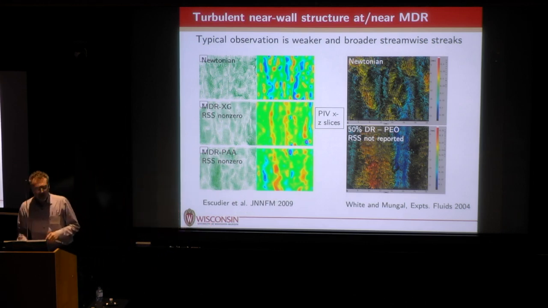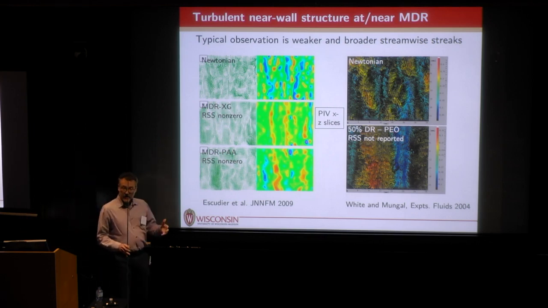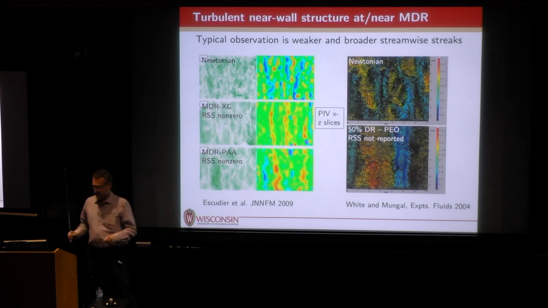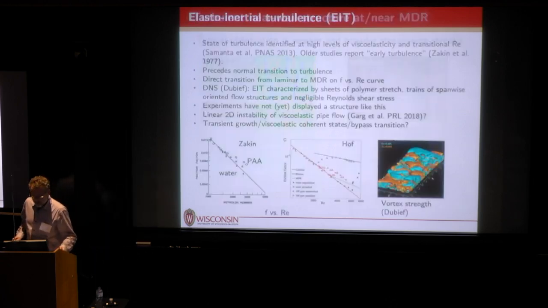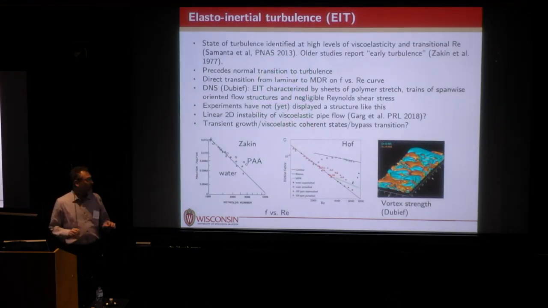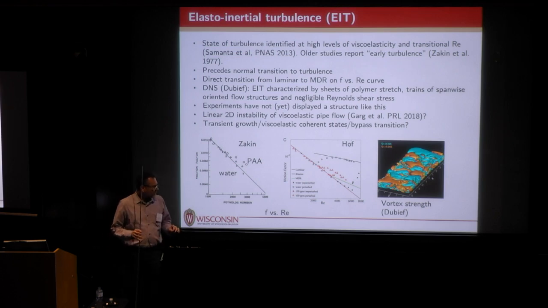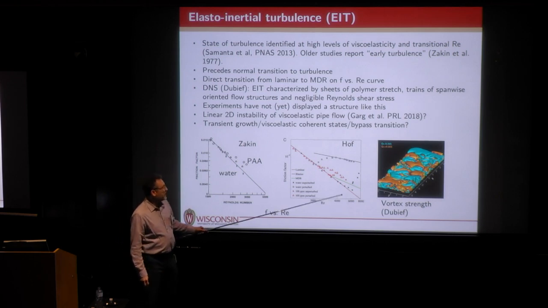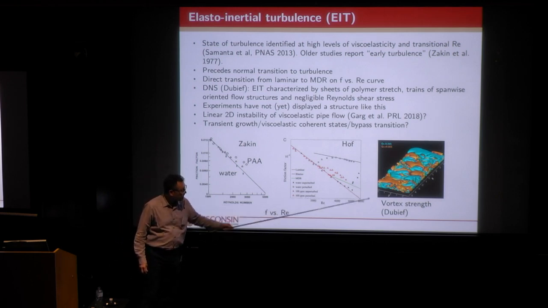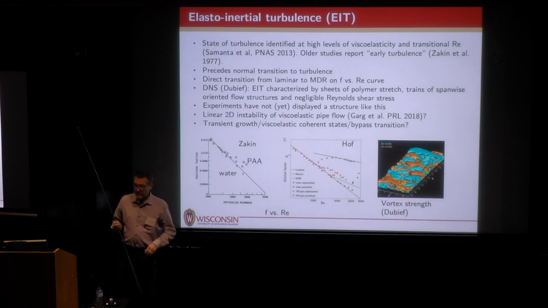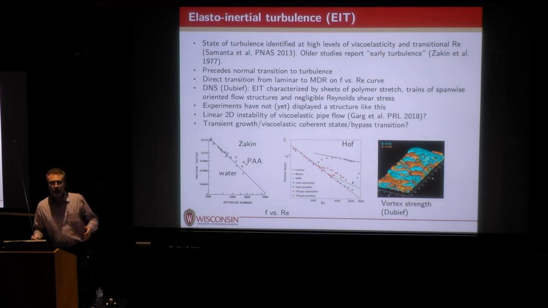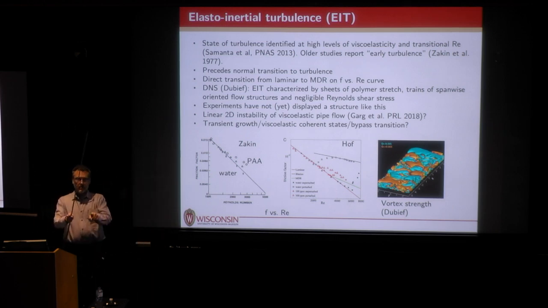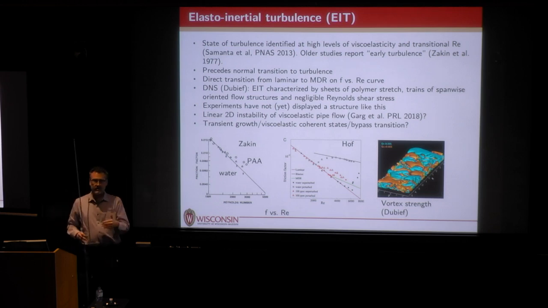All right. Recently, there have been some very interesting observations that suggest there's a somewhat different picture at high values of elasticity, high Weissenberg number, in particular. So there's some experiments from Björn Hof's group and computations from Yves Dubief's group, where they found, this is a picture from Yves, very weak vortex structures that were not aligned in the streamwise direction, but aligned in the spanwise direction.